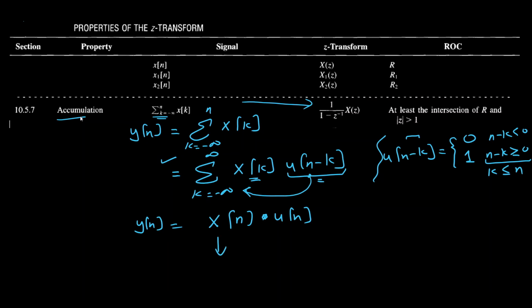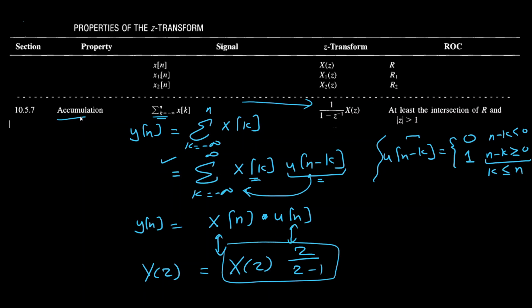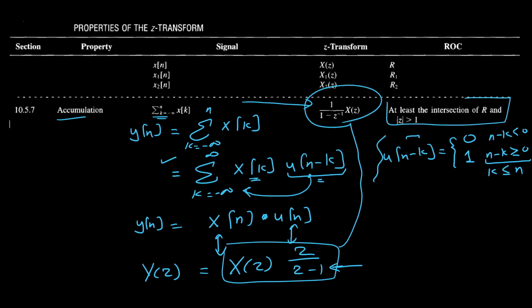But from the convolution property, y of z is simply x of z times the z transform of this, which is simply z over z minus 1. So hence this is expressed over here, and this formulates the proof. Do note that now we have a pole at plus 1, right? So hence the ROC would be changed accordingly.